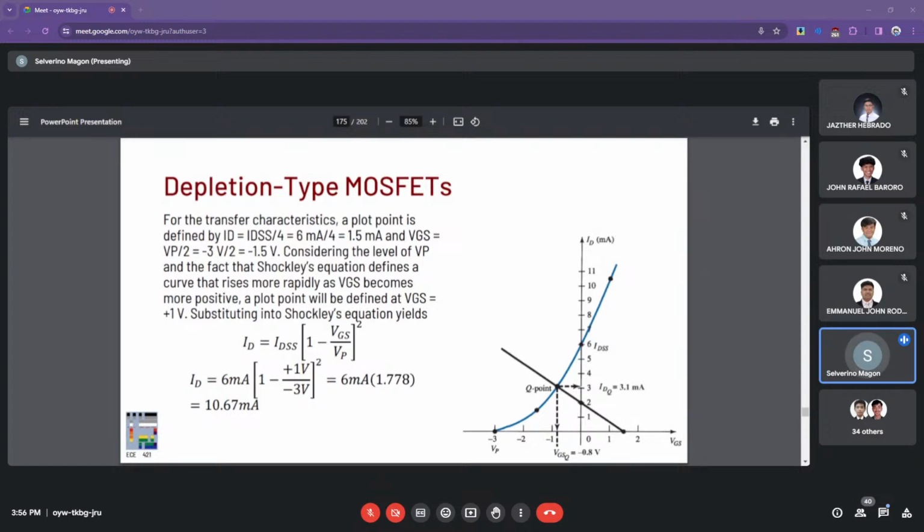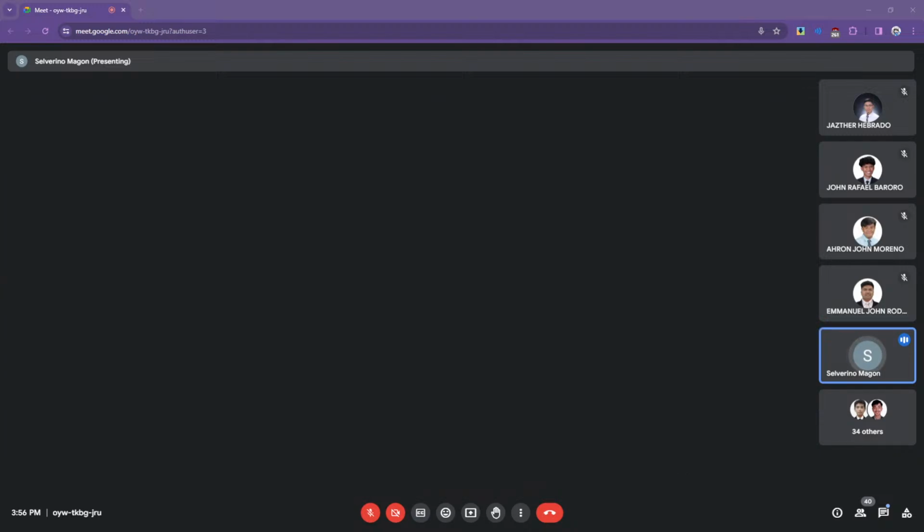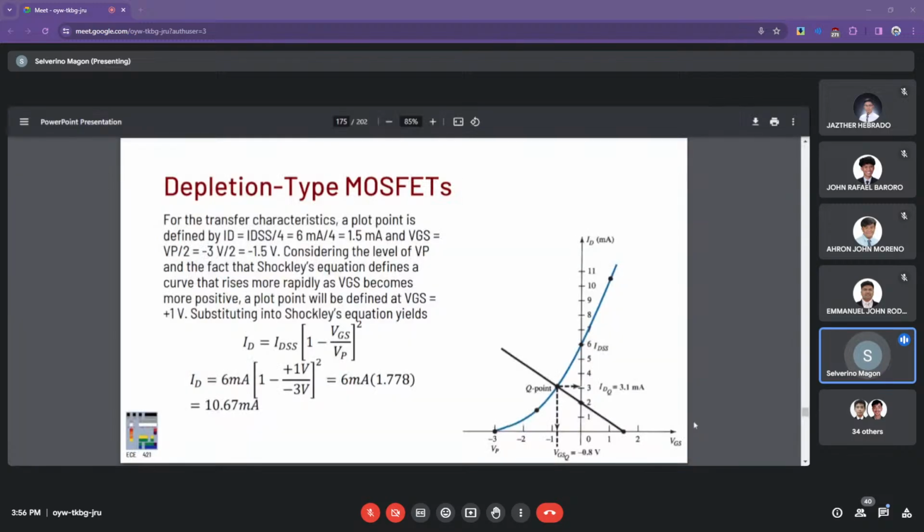Right, so in this case, for 1 volt at the VGS, ID becomes 10.6 milliamps.